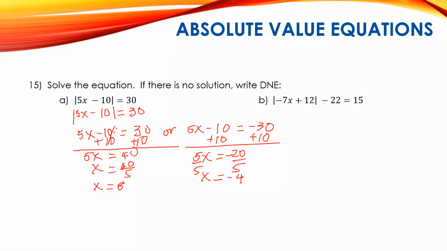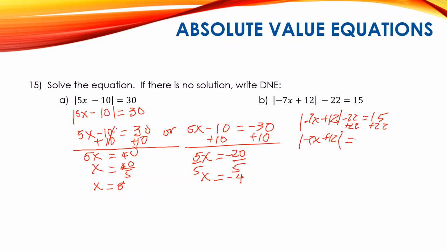And this one, we have the absolute value of negative 7x plus 12 minus 22 equals 15. What we have to do is keep this absolute value like that, negative 7x plus 12, and you add 22 to both sides.